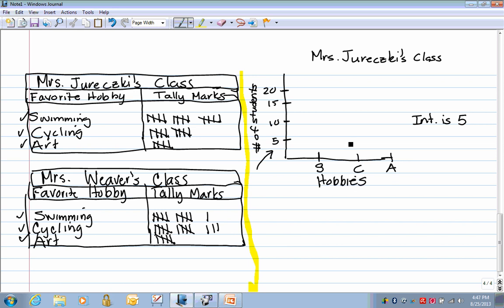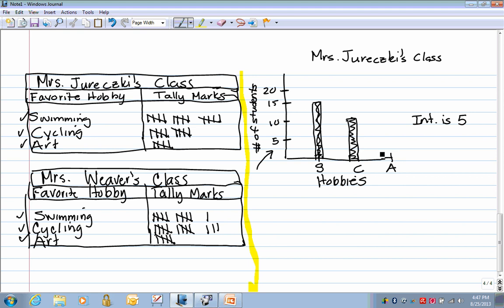So, for Ms. Jareski's class, if I go to swimming, 15 students chose swimming as their favorite hobby. I come up 5, 10, 15, and I draw the bar. For cycling is 10, so I come up 5, 10, I come over and draw the bar.